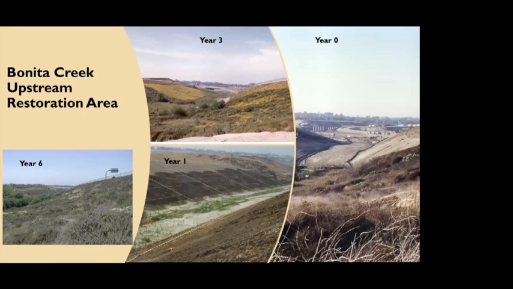The slopes, as I said, were coastal sage scrub. So it's interesting that these slopes, this is 3rd year again, you see these are our gold fields blooming, all the early successional species still in abundance.